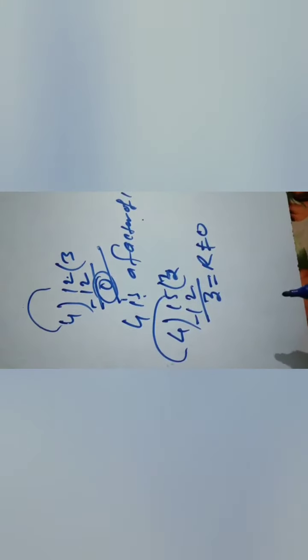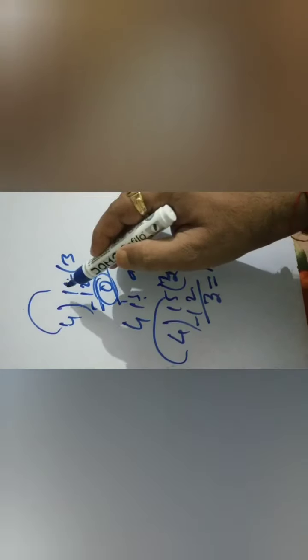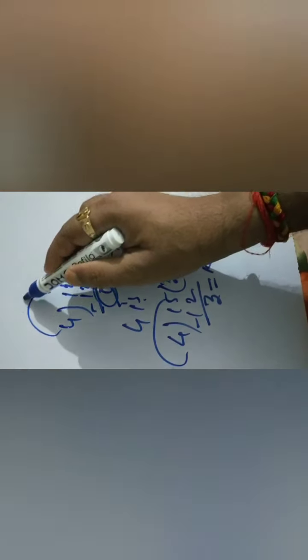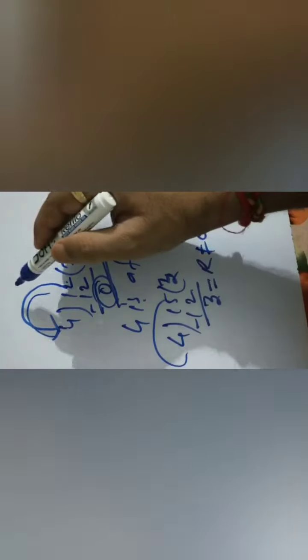Similarly in polynomials, if the remainder comes equal to 0, then the divisor polynomial is a factor of the dividend polynomial, or you can also say that 12 is a multiple of 4 because the remainder is 0. So you can also write it as 12 is a multiple of 4, or 4 is a factor of 12.